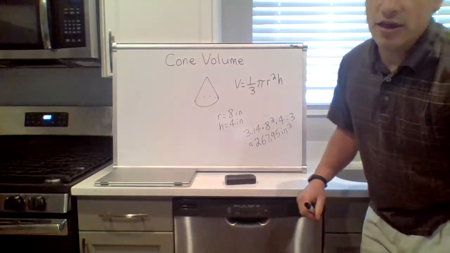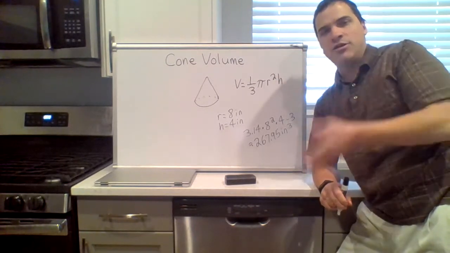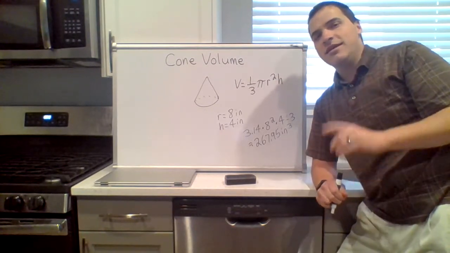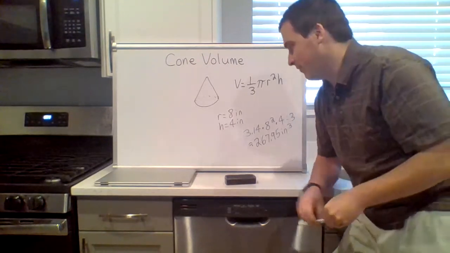Okay, just like with cylinders, if they give you a diameter, just divide it by 2 at the beginning, chop it in half to find the radius. There is one little twist on this assignment, but it's not actually that difficult.